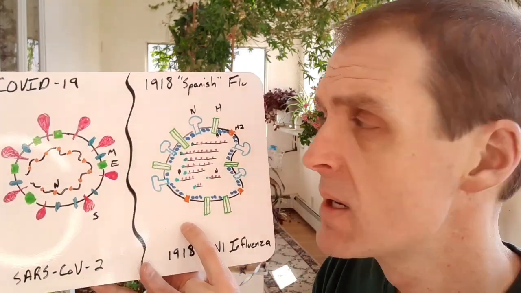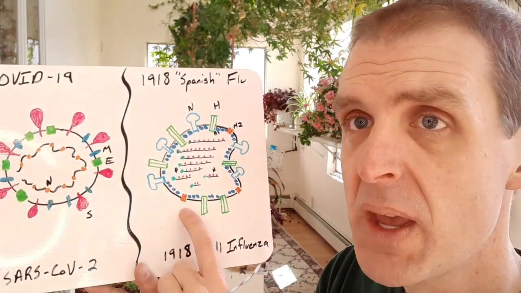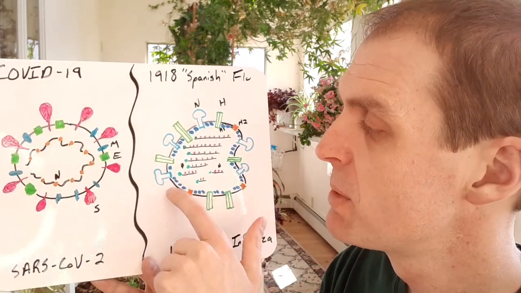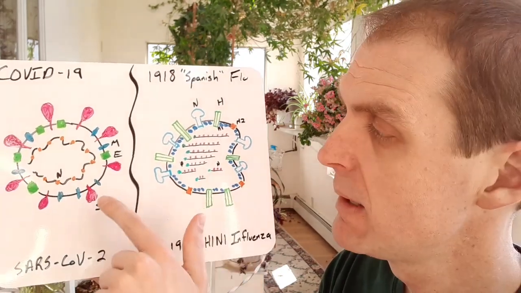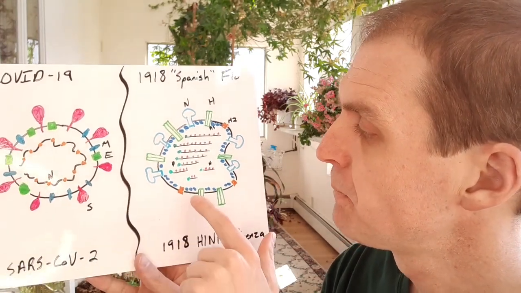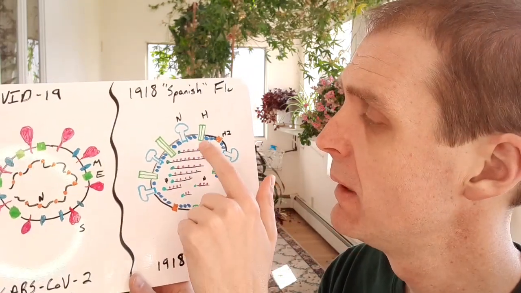Switching over to the 1918 H1N1 influenza. All influenzas are membrane-bound, or enveloped, viruses, which means they have a membrane. It also has a number of proteins associated with it.